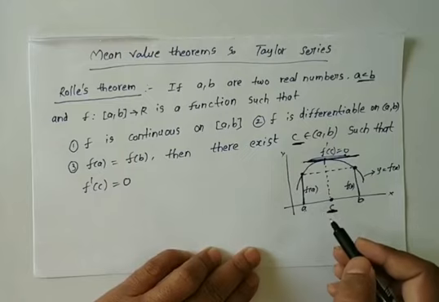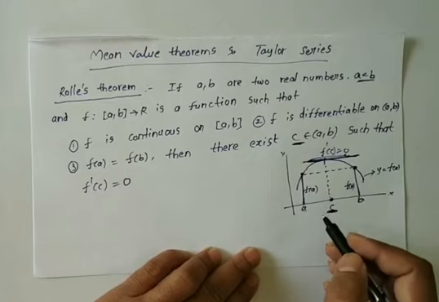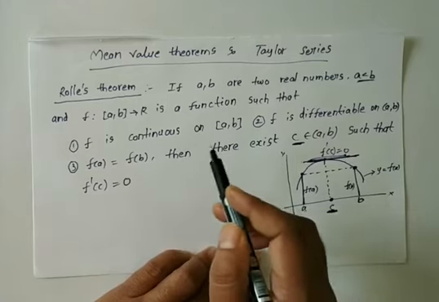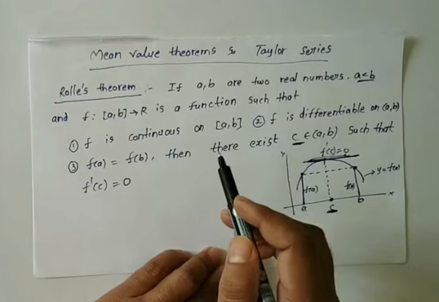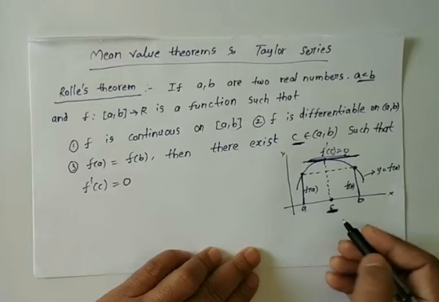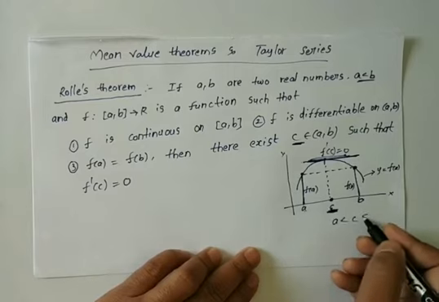Okay, I will explain once again. Rolle's theorem says that if a function f of x satisfies all these three conditions, then there must be a number c such that a is less than c is less than b.